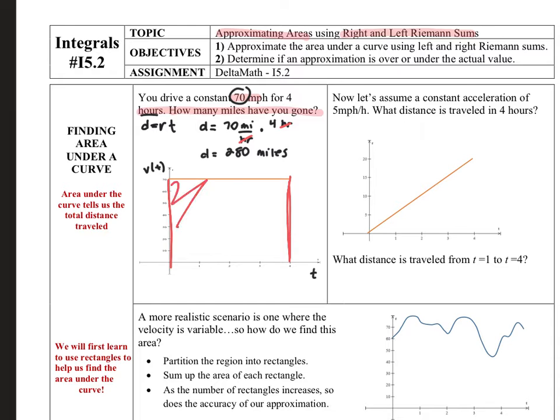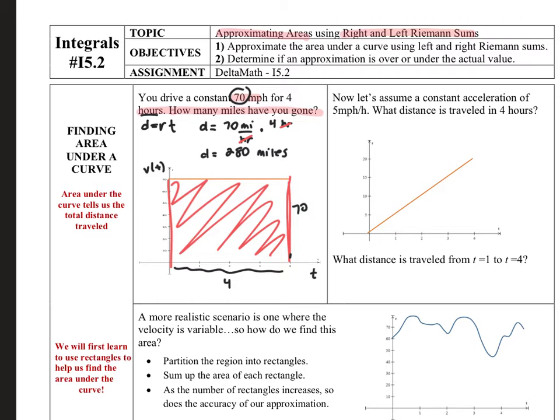It creates this rectangular shape, and it is 4 units wide, and it is 70 units tall. So finding the area of that rectangle, I'm really just finding that distance. This idea is going to play an important part in some upcoming sections.